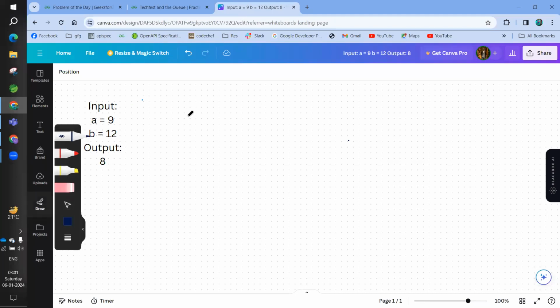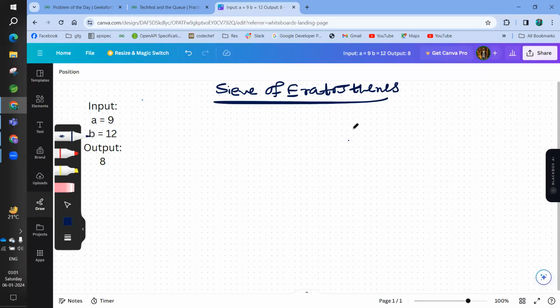So one approach is the sieve of Eratosthenes. Through this algorithm you can generate the smallest prime factors.